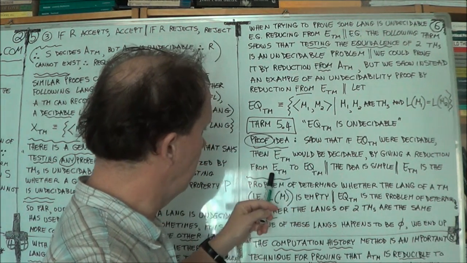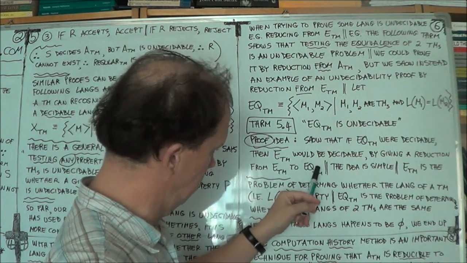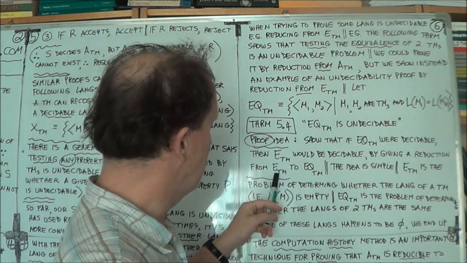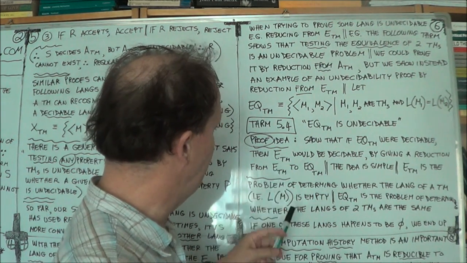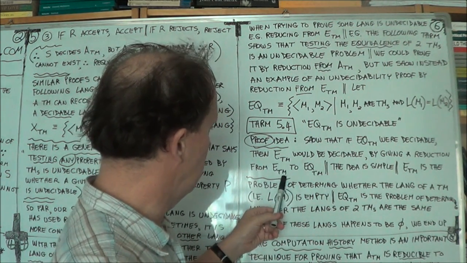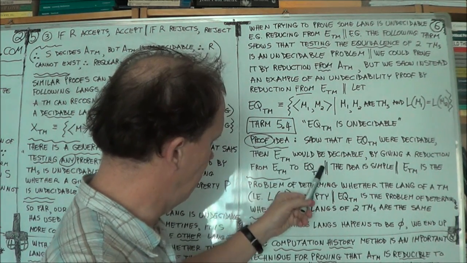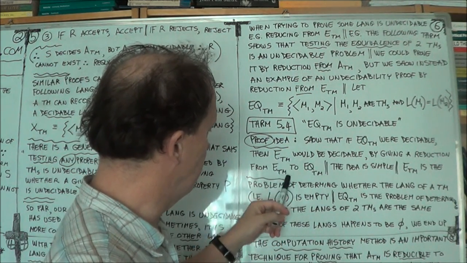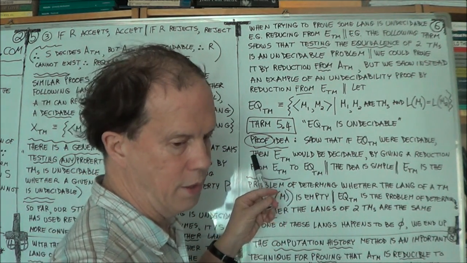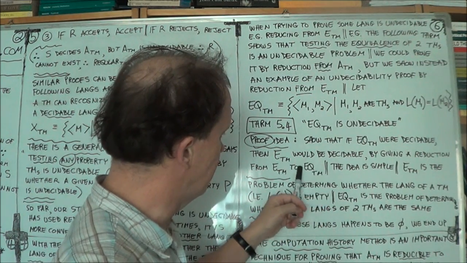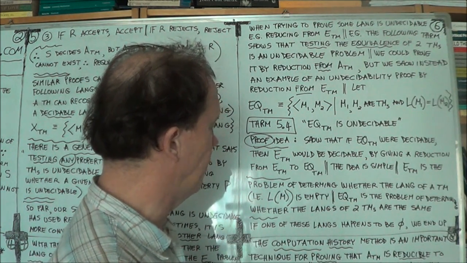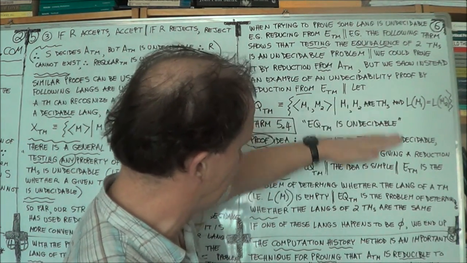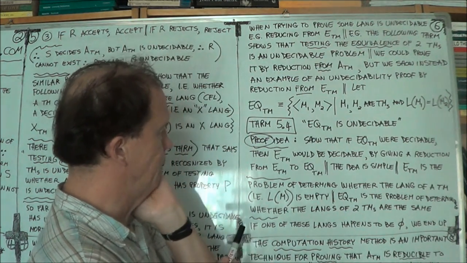Before we went from ATM to something, and we're trying to prove that something is undecidable. Well, in this case, instead of using ATM, we're using ETM. So we will reduce this problem to that problem. Now we know that that problem is unsolvable, language is undecidable, and therefore we can prove that this is undecidable.